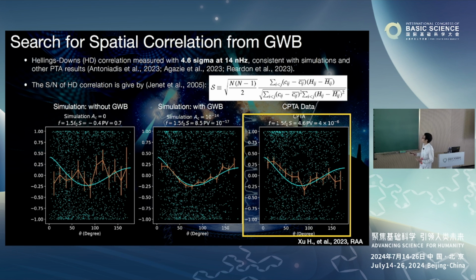And here, to verify our results, we also did two simulations. In one simulation, we didn't inject any gravitational wave signal, and using the same detection pipeline, we didn't detect any gravitational wave signal.